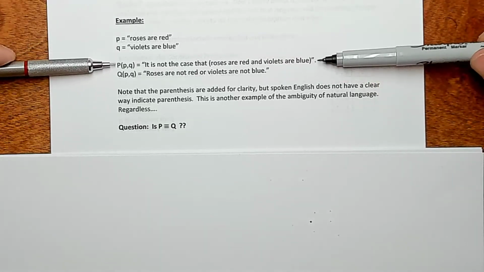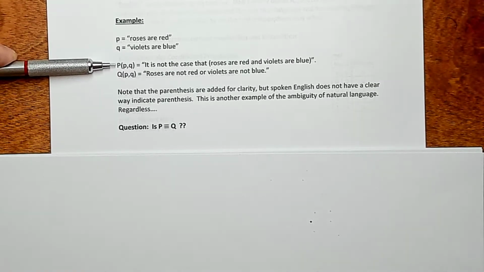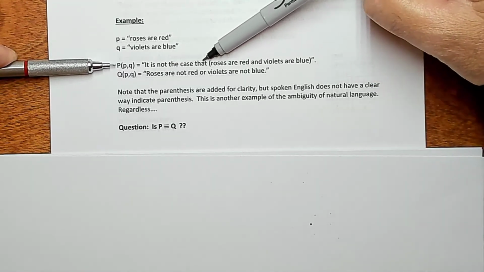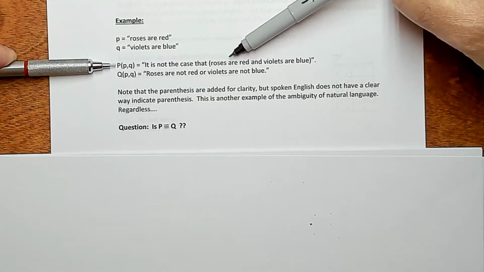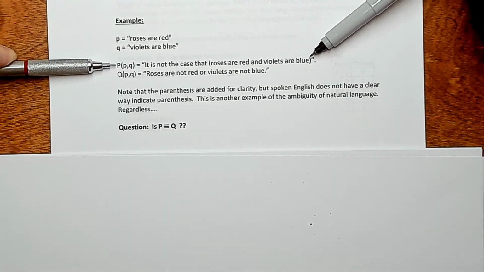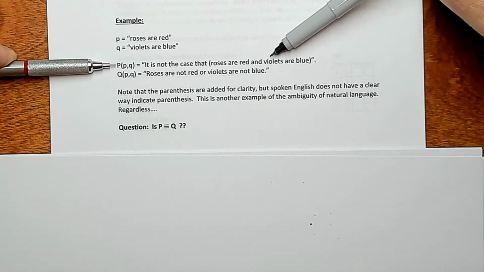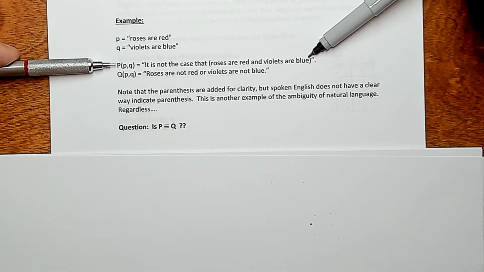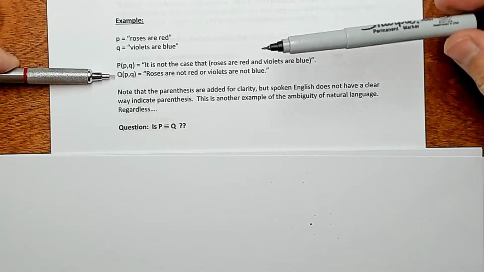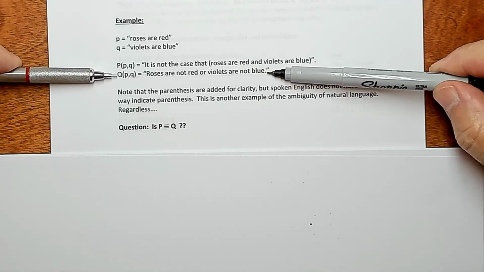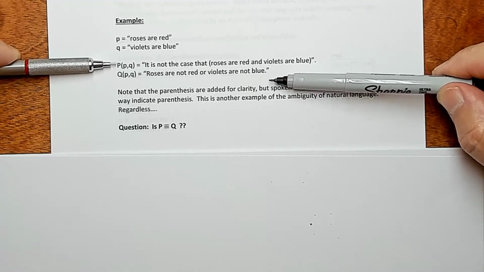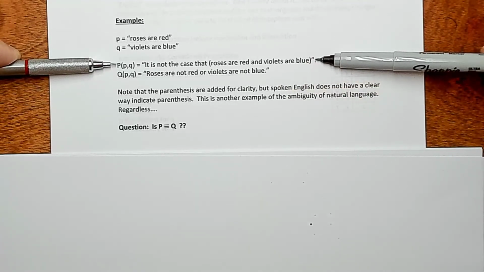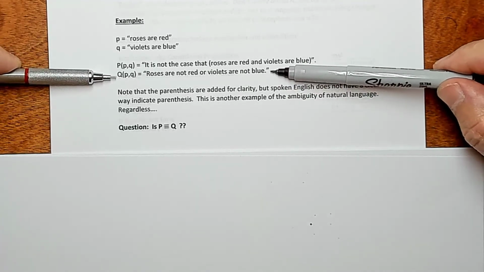So for example, one thing you could say for capital P is it is not the case that roses are red and violets are blue. So you don't agree that roses are red and violets are blue. Or you could say roses are not red or violets are not blue. You could say that. So big P is a compound proposition and big Q is another compound proposition.